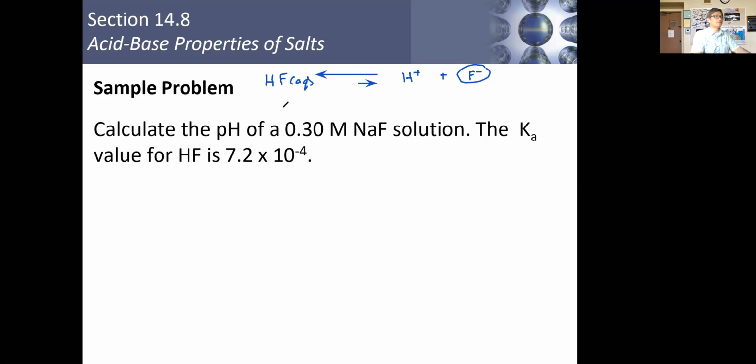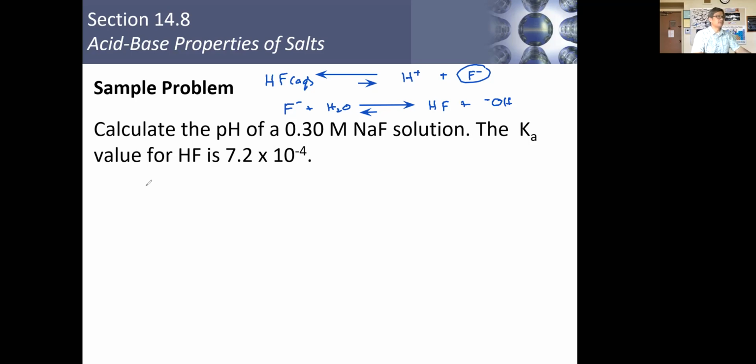Okay, so when you add the fluoride ions into the water, what's going to happen is that you will form the weak acid, HF, and the hydroxide ion. So that is the equilibrium that we're going to be looking at.